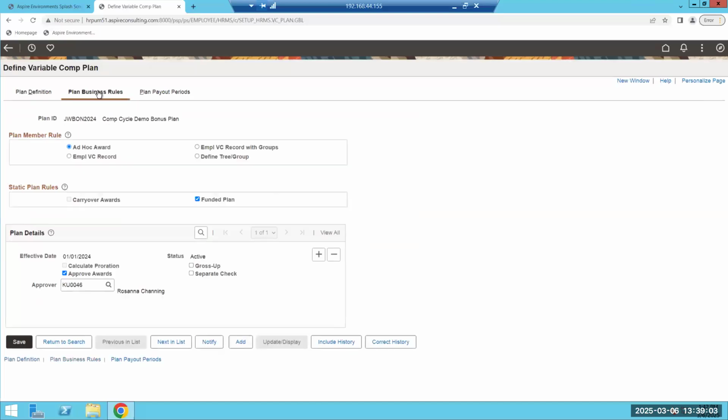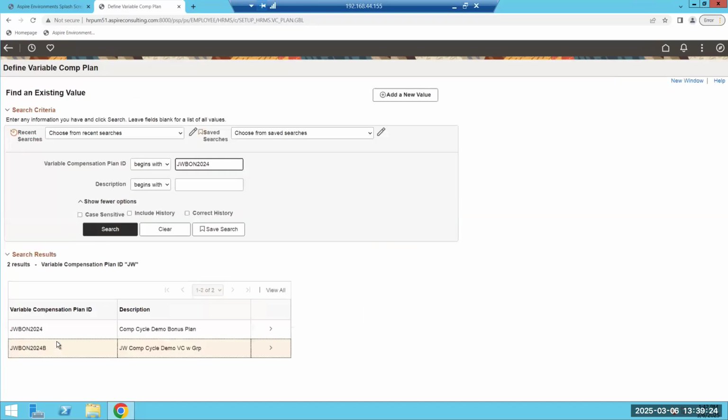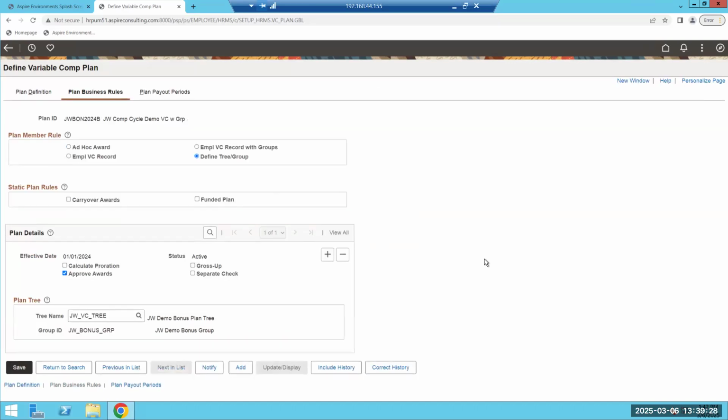In this case, I'm going to go back because this is the first one I set up, which was just an ad hoc one. Basically just ad hoc of who we put people in, what people we put in for increases. Let's look at this one. This is the one that we did with the funding.